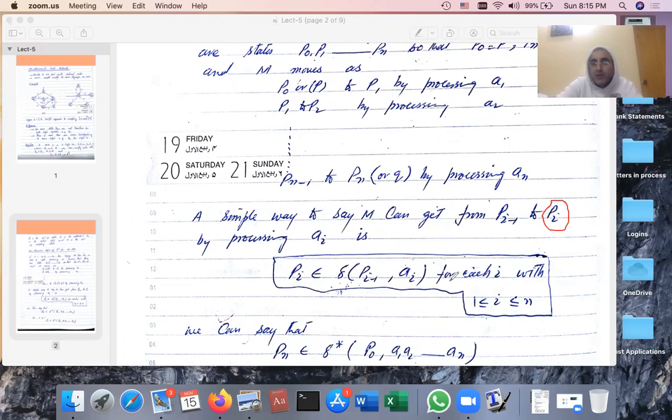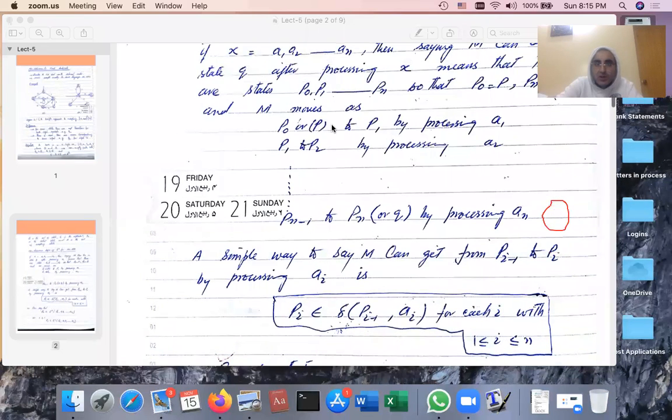And here, for each i, you can explain what your i is: i is greater than or equal to 1 and less than or equal to n from the previous discussion. This is P1, P2, and so on up to Pn. Maybe someone will wonder where the zero is.